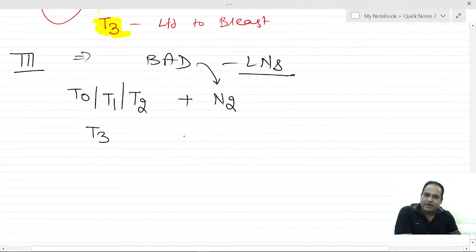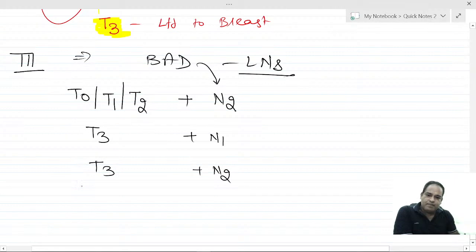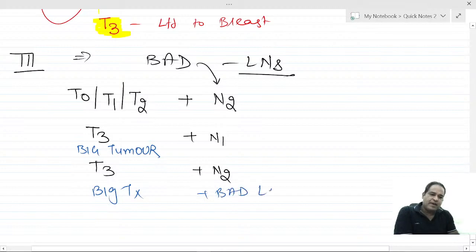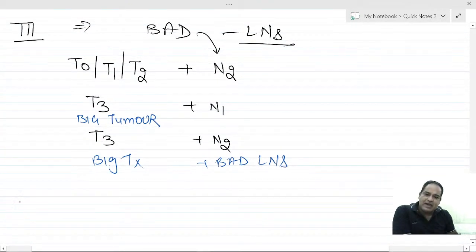T3, T3 plus N1, T3 plus N2. So this is big tumor plus bad lymph nodes.